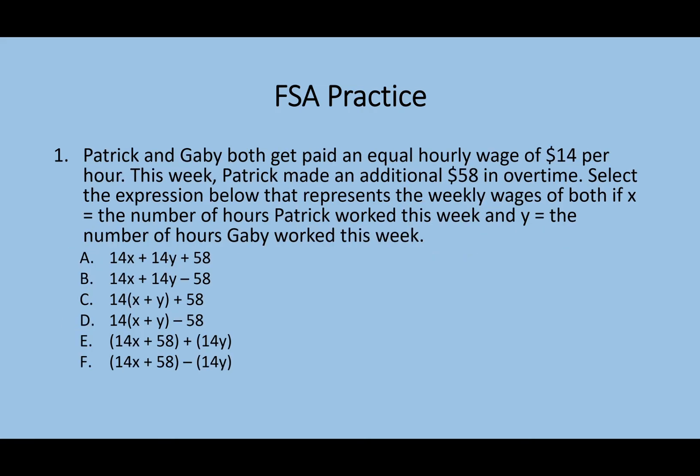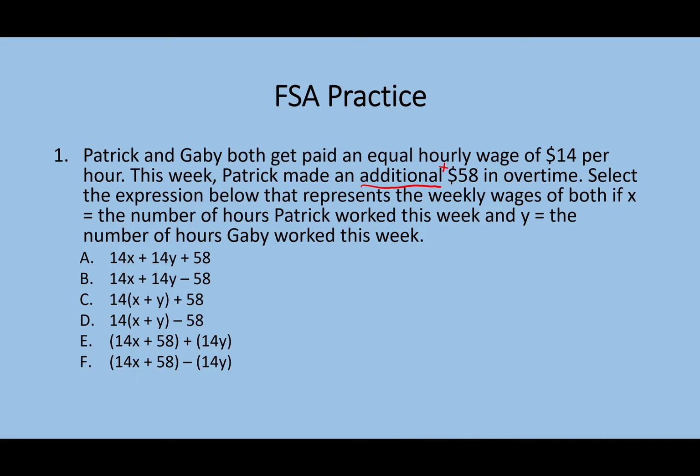Moving on. Patrick and Gabby both get paid an equal hourly wage of $14 per hour. Okay, so Patrick and Gabby each get 14 per hour. So this week Patrick made an additional $58. Additional means plus, I know that, in overtime.